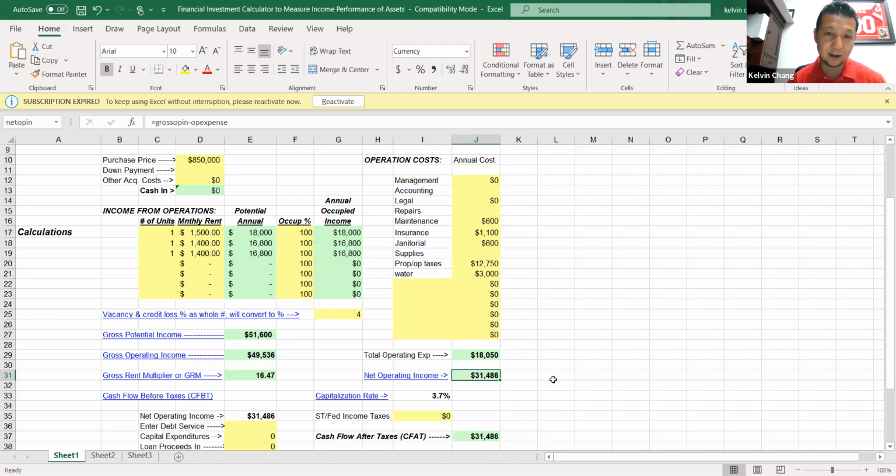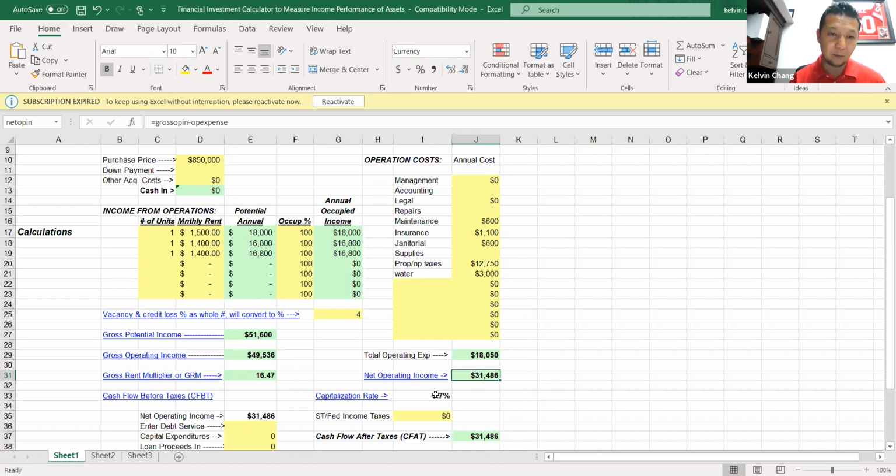Does anyone have any questions on how I made this math? Otherwise, I'm going to assume that you know what cap rate means. Cap rate equals the NOI, net operating income, divided by the sales price. Now, I've demonstrated that this property has a lower cap rate.